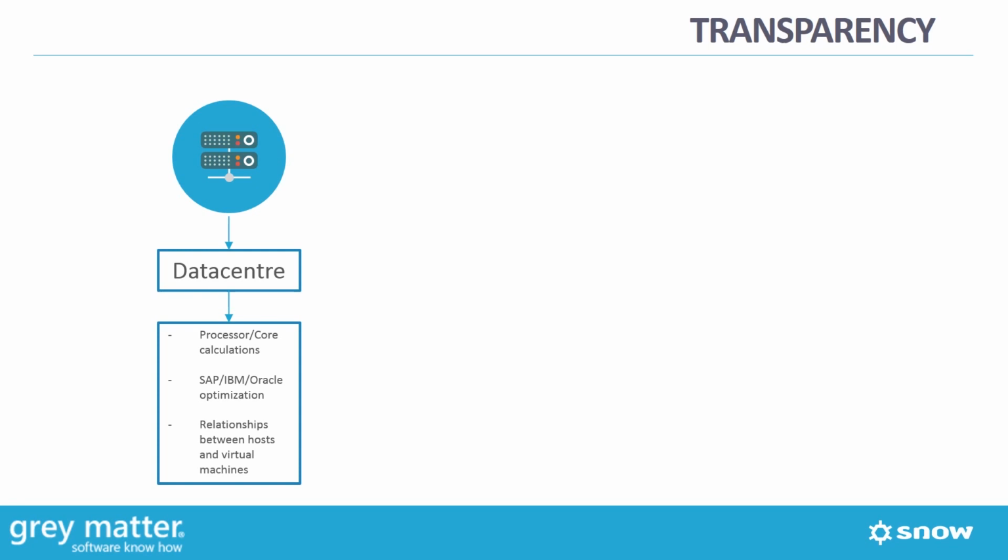In fact, 80% of your software spend usually goes towards your top 5 vendors, and at least 4 of those vendors will be data center software. It's also important to understand the relationships between your host and virtual machines, what impact that has on licensing, and what impact that has on your IT infrastructure.